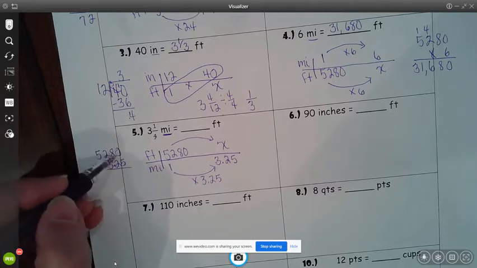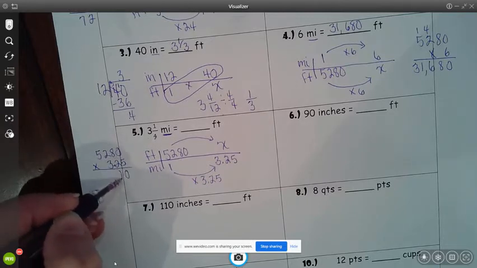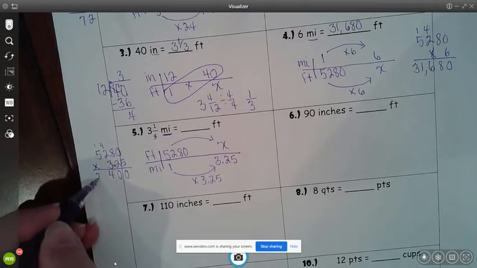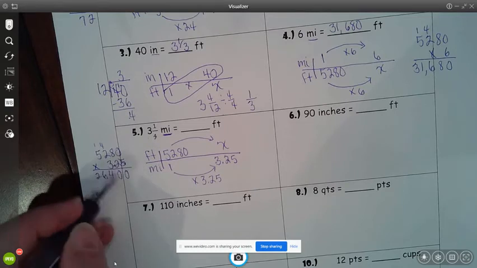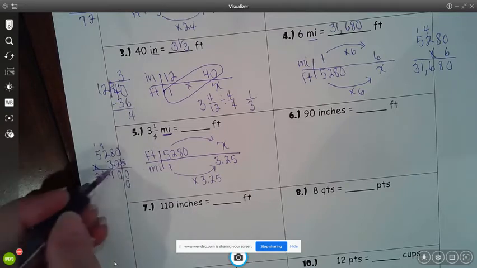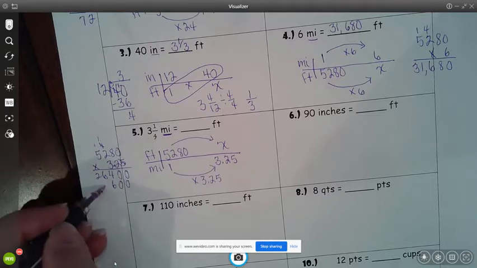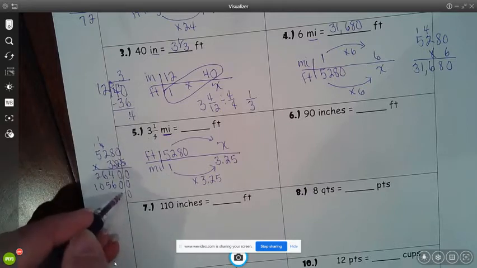So let's try this. Let's do 0. Okay, I've used my ones place. I'm going to put in a 0, start in the tens. 2 zeros.